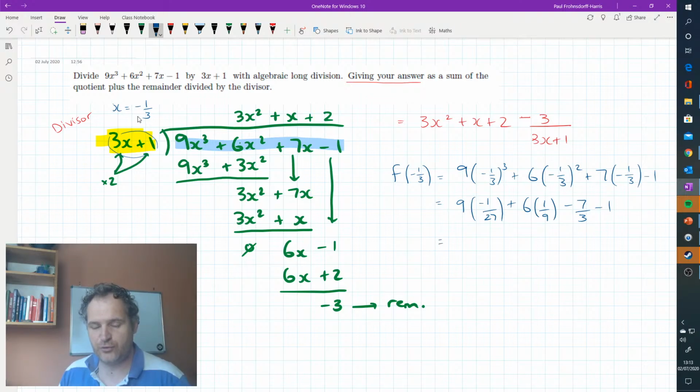That cancels to minus 1/3. This cancels to plus 2/3, minus 7/3, minus 1.